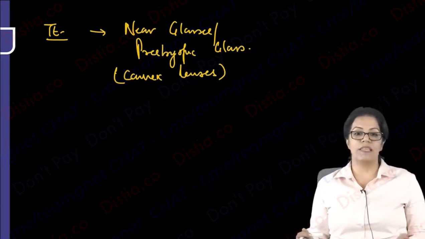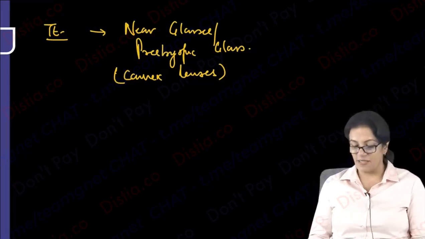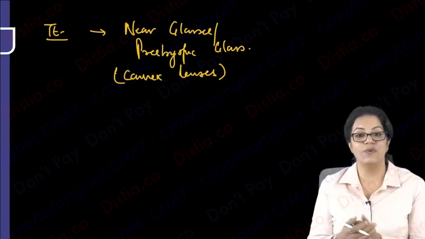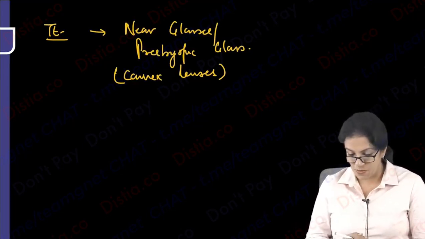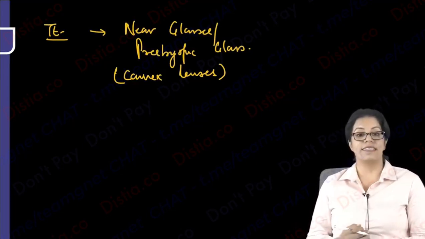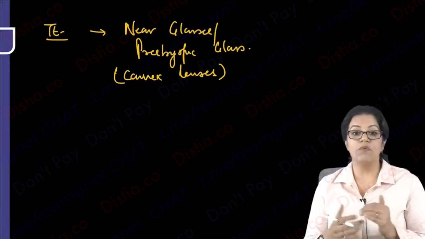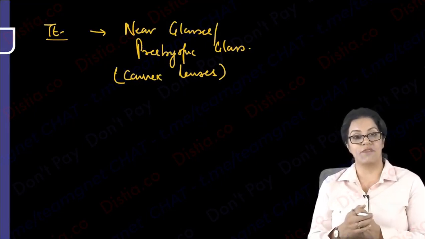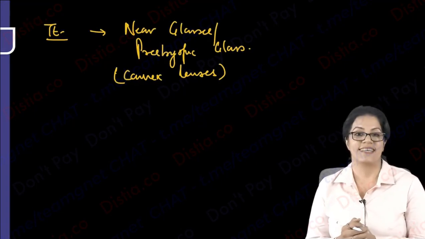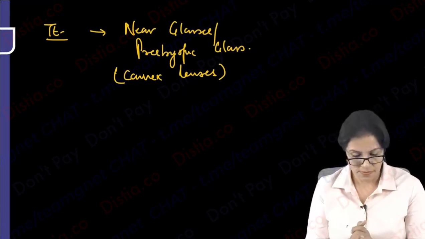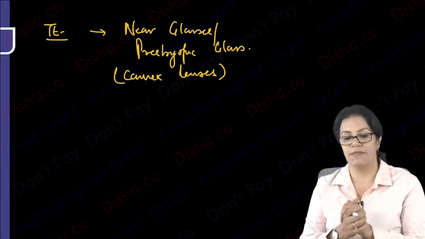Okay, so we now know everything about accommodation. Comes another point. What is second sight of old age? This second sight of old age is nothing but improvement in the near glasses which a patient finds in old age. Let me explain it to you. I got a patient in my OPD.